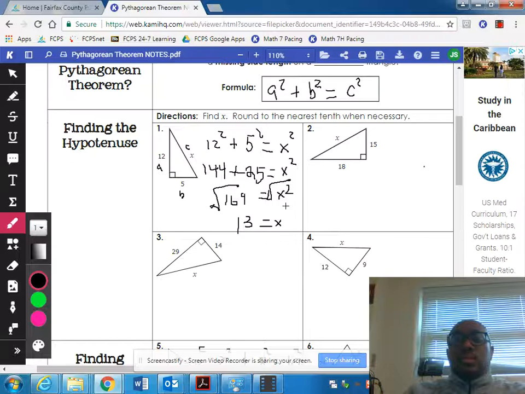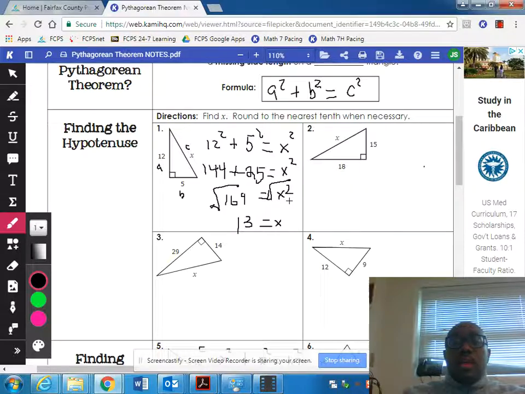Now some of you might be thinking, how do we get rid of this square? Well, when we're solving equations, we always use the inverse operation. The inverse operation of squaring something is to find the square root. So we find the square root of both sides.